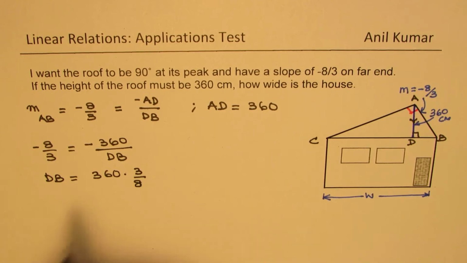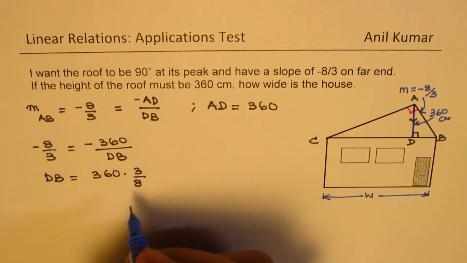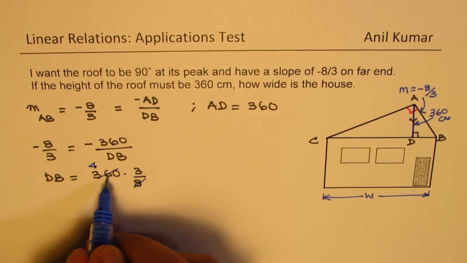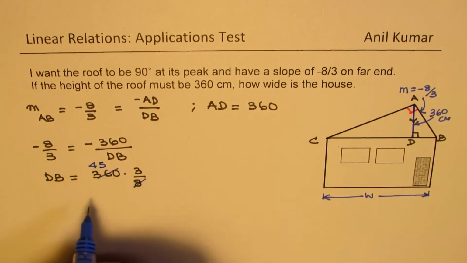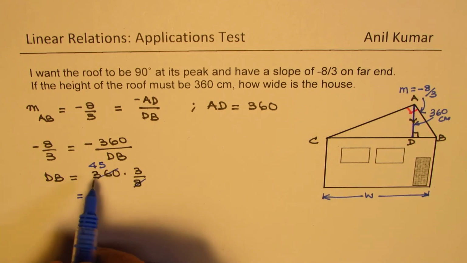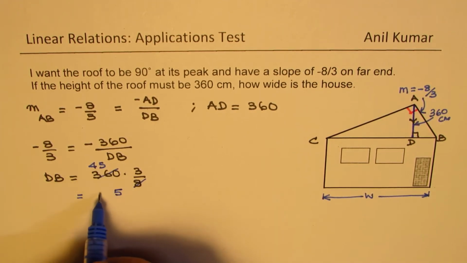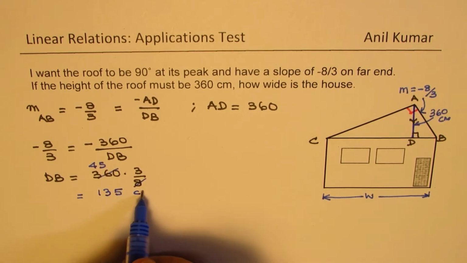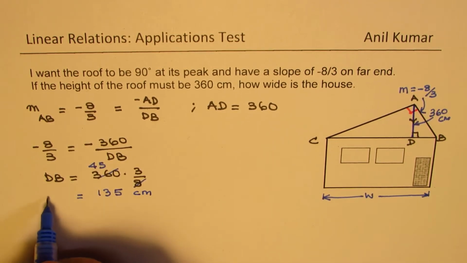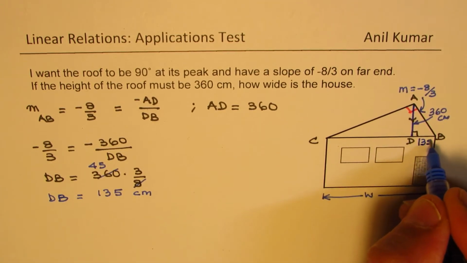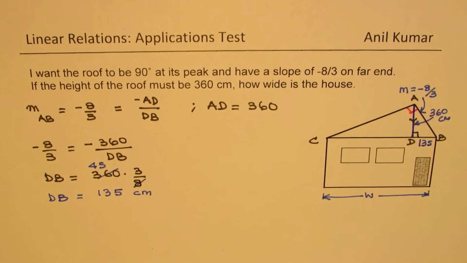Now, when we divide by 8, 8 times 4 is 32, 40, 8 times 5, and multiplying with 3, 3 times 5 is 15, 135 centimeters. So we get what DB is. So we know now this is 135, correct?